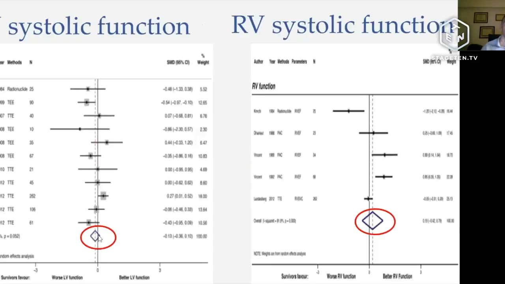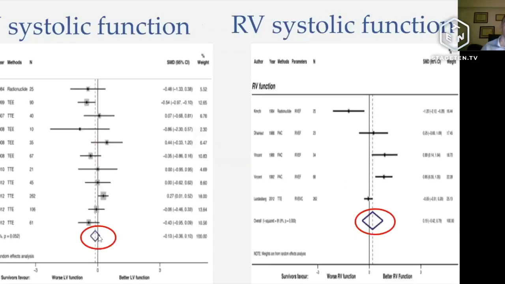So it seems that worse LV function seems better for patients. But probably this is because the problem is in how we evaluate systolic function, because LV ejection fraction, for its geometrical assumption, for its load dependency, is probably not the best parameter.